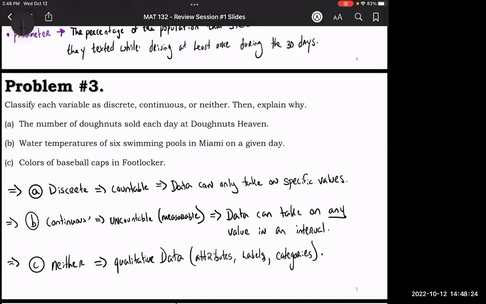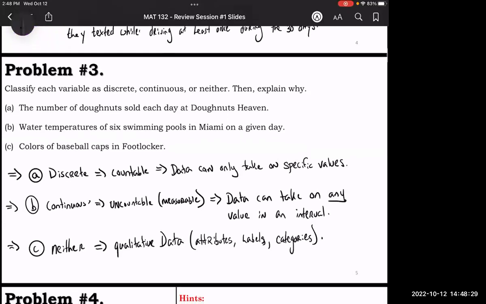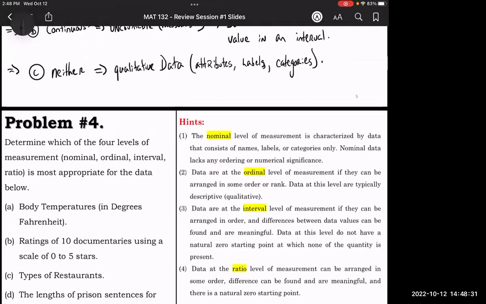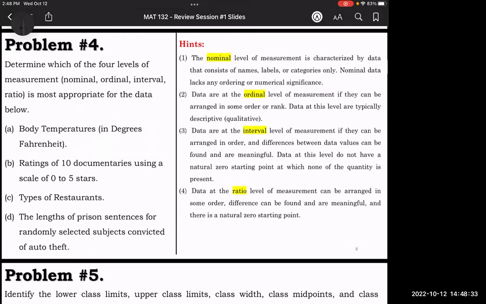Okay. Can I continue? All right. Let's look at problem 4. So problem 4, I think this is where my definitions start to end. It states, determine which of the 4 levels of measurement, nominal, ordinal, interval, and ratio, is most appropriate for the data below.